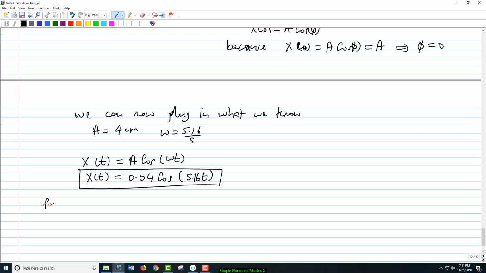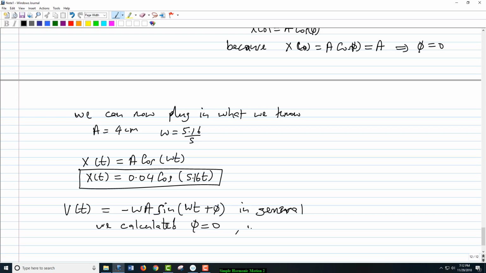And then for velocity, v of t was equal to minus omega A sine omega t plus phi in general. We already know that phi is equal to 0. We know that A is equal to 0.04 meters, and we know omega to be 5.16 per second.